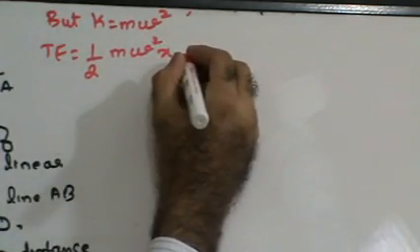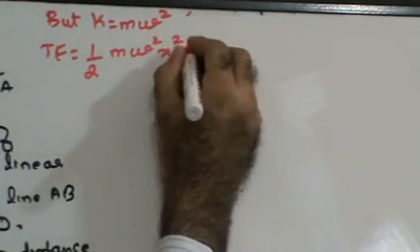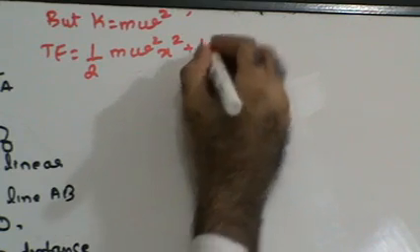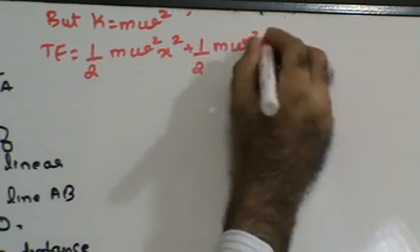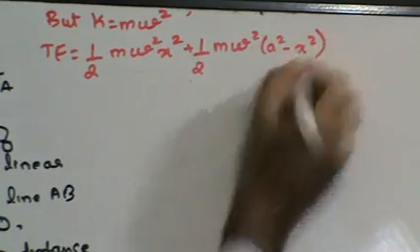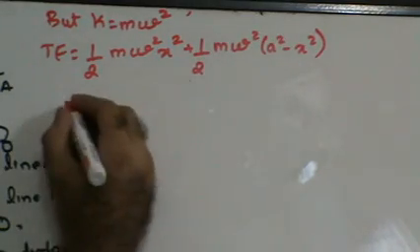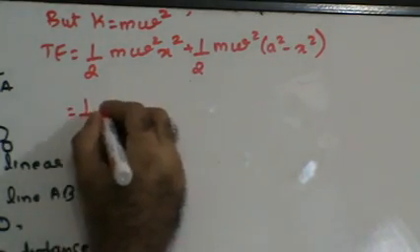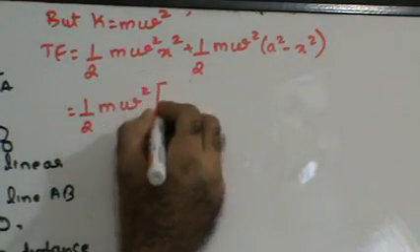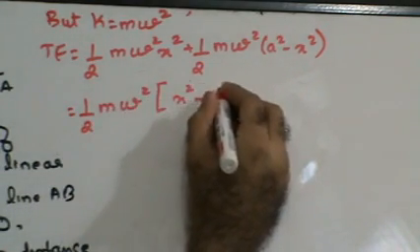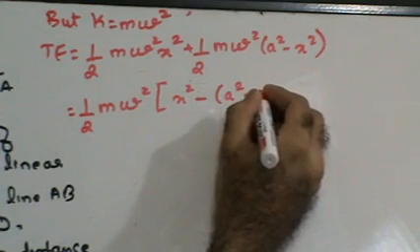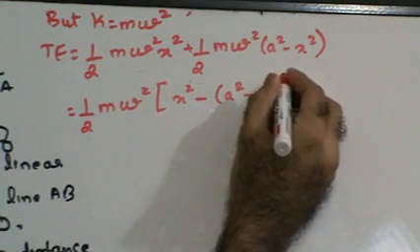Therefore, I can say that total energy is equal to half, k written as m omega square, times x square, plus half m omega square (a square minus x square). So this can be written as half m omega square, x square plus a square minus x square.